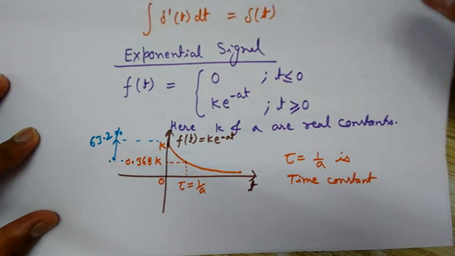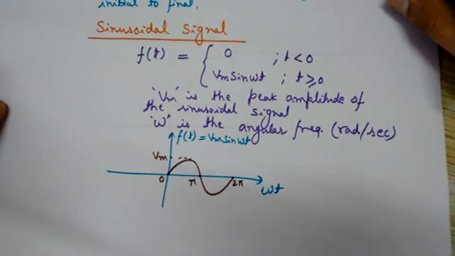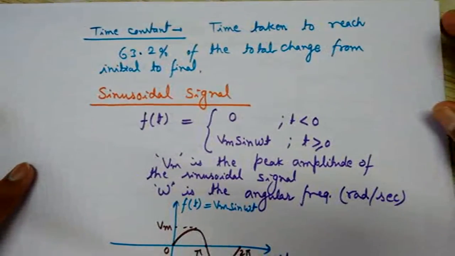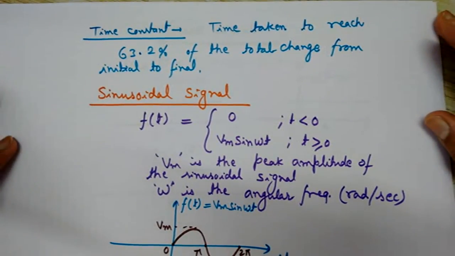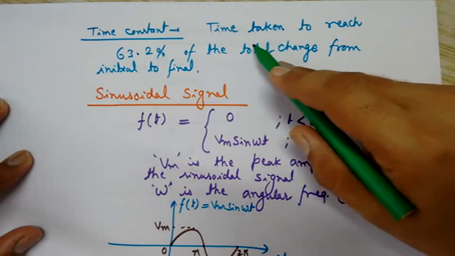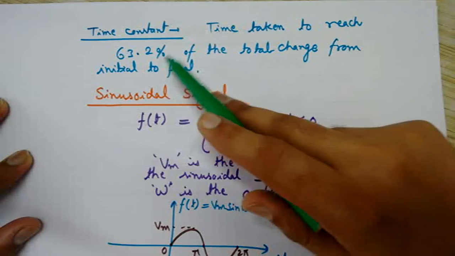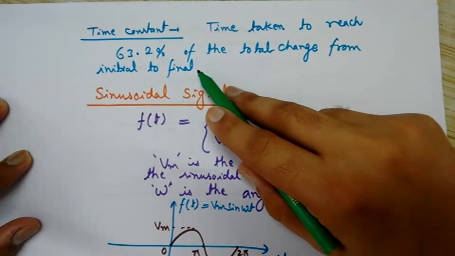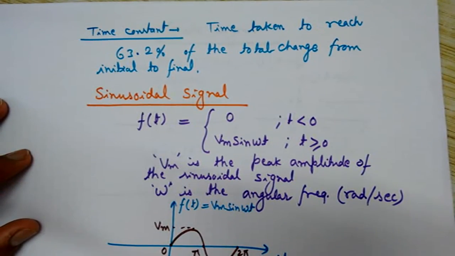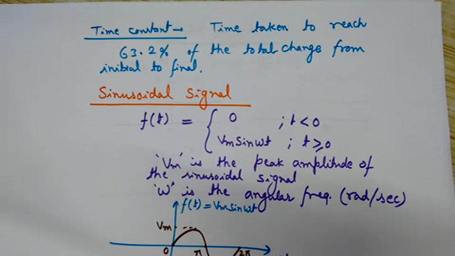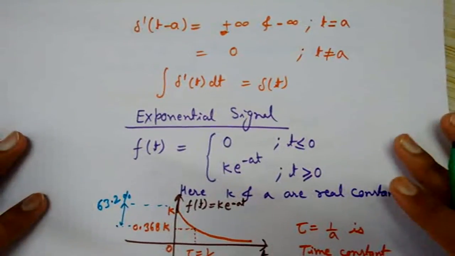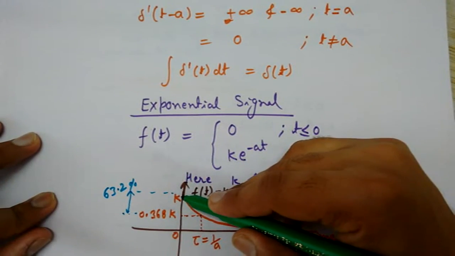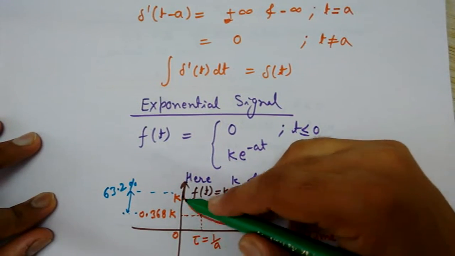So what is the time constant? Let me define it first, then we will see this graph again. The time constant is the time taken to reach 63.2% of the total change from initial to final. What does this mean? Look at this: this is the initial stage, time 0, and the signal is decreasing with time.